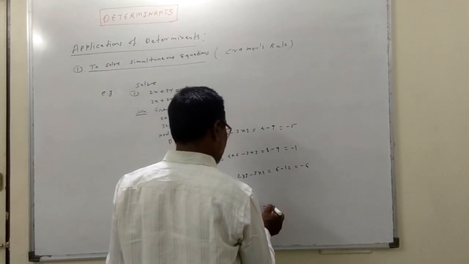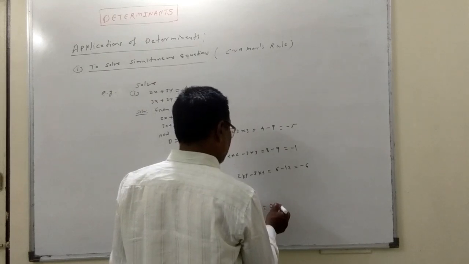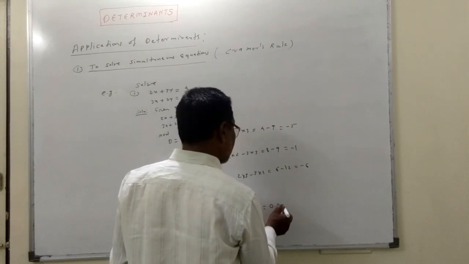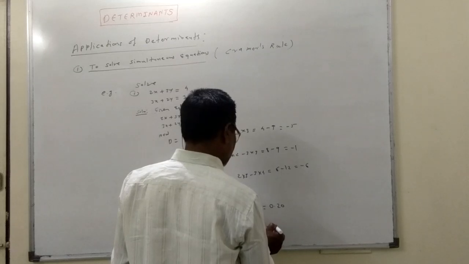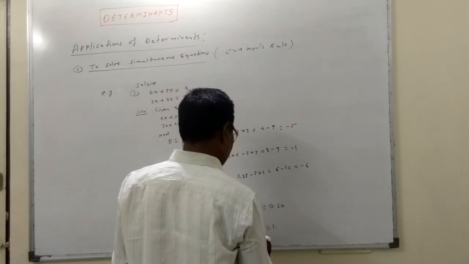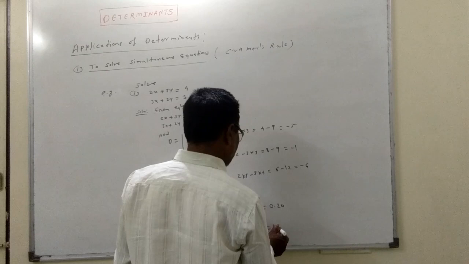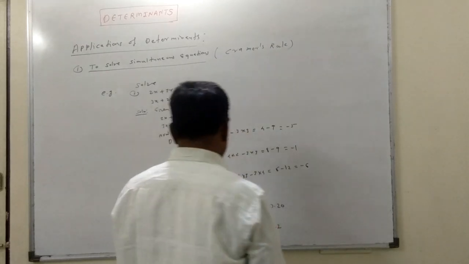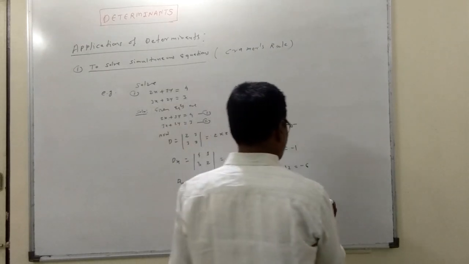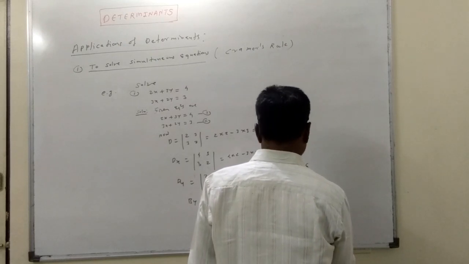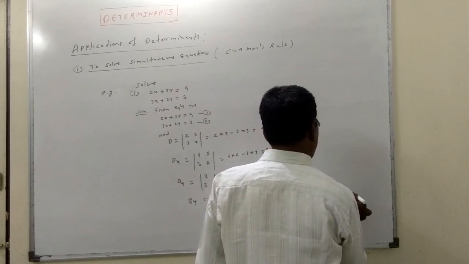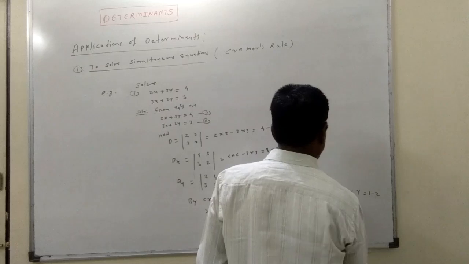In decimal form, we can write 0.2 and 1.2. So x is equal to 0.2 and y is equal to 1.2.